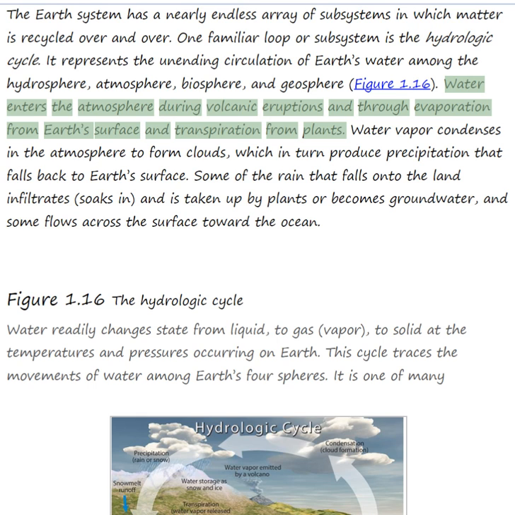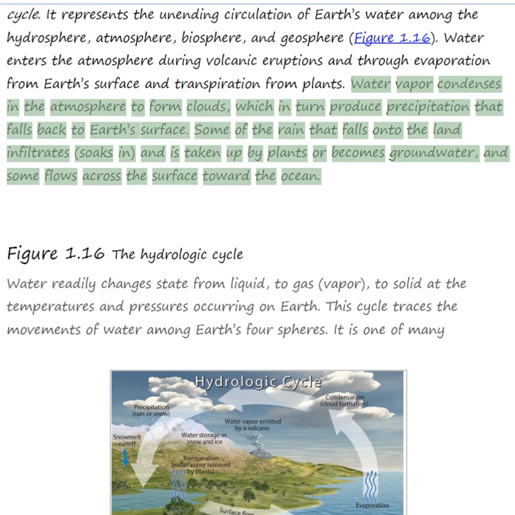Water enters the atmosphere during volcanic eruptions and through evaporation from Earth's surface and transpiration from plants. Water vapor condenses in the atmosphere to form clouds, which in turn produce precipitation that falls back to Earth's surface. Some of the rain that falls onto the land infiltrates and is taken up by plants or becomes groundwater, and some flows across the surface toward the ocean.